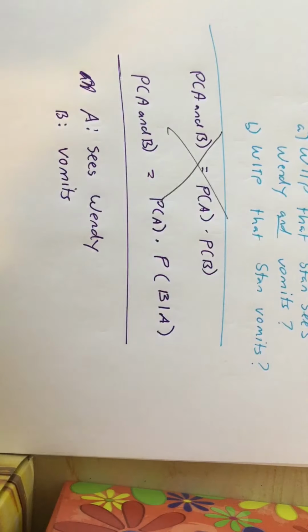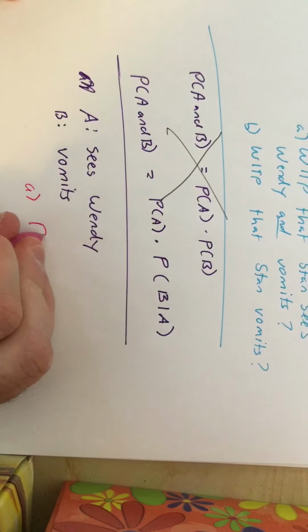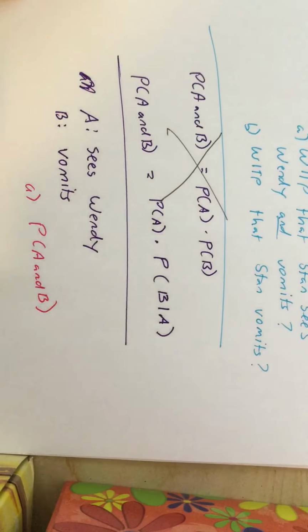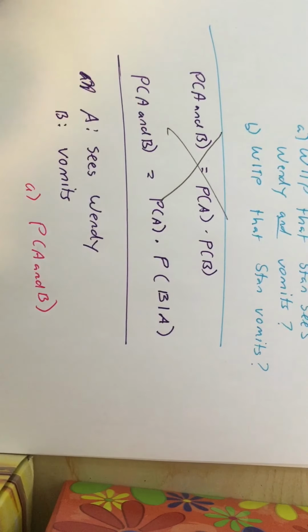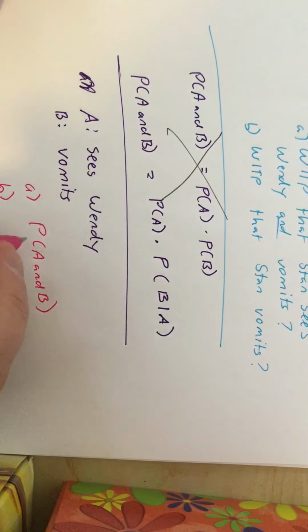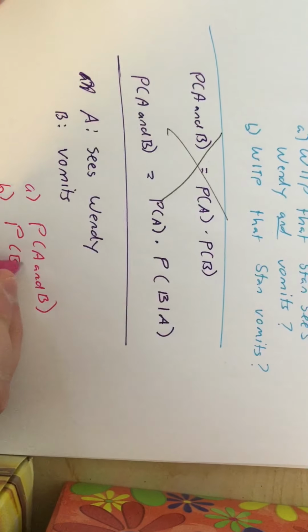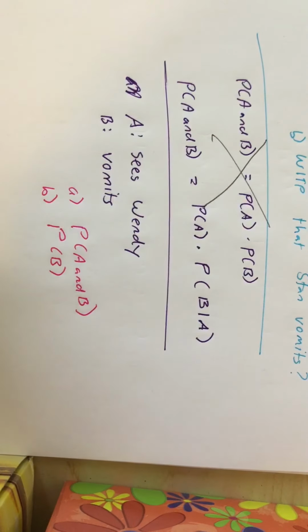So for A, I want the probability of A and B. I'm looking for the probability that he sees Wendy and he vomits. For B, I just want the probability of B, which is not necessarily as easy as it sounds. Let's figure out what we have here.